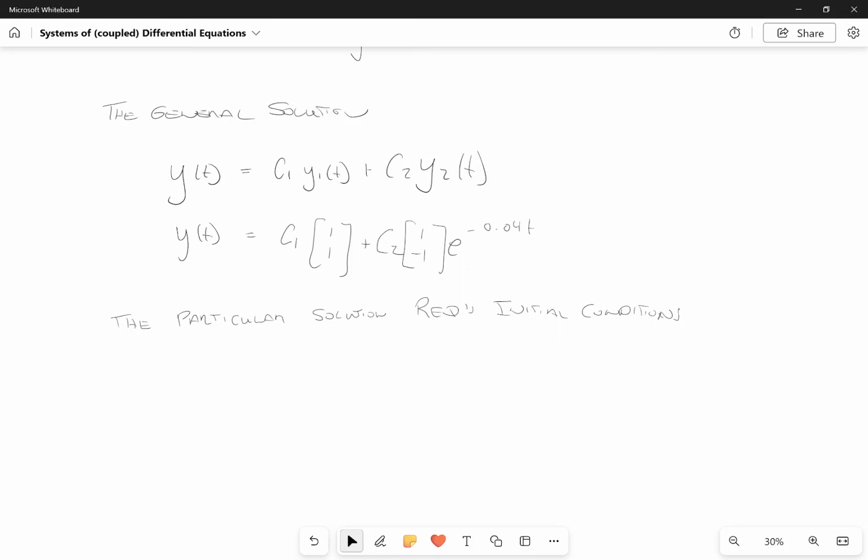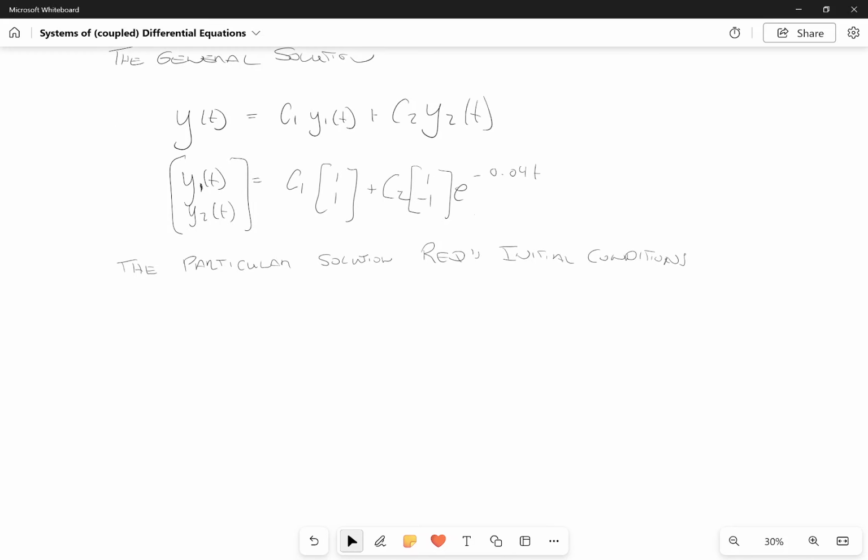Quite literally, what this means is y1, y2 of t. If I put these like that, that is what our system of equations looks like. So we have y1 of t equals c1 plus c2 e to the negative 0.04 t.